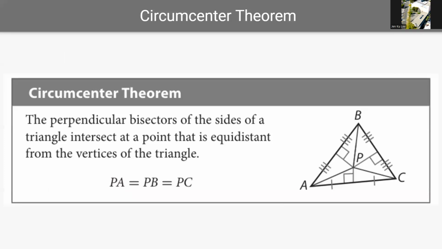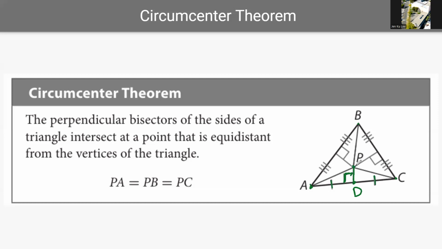So the circumcenter theorem, there's a theorem that correlates to the circumcenter. If you get the perpendicular bisectors of all the sides of the triangle, so you see triangle ABC here, right? And if we get all the perpendicular bisectors, meaning this P and this point here, I want to label it D, is the perpendicular bisector of AC because it's perpendicular to AC and it also bisects it.